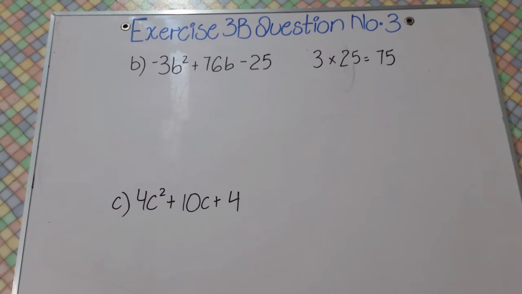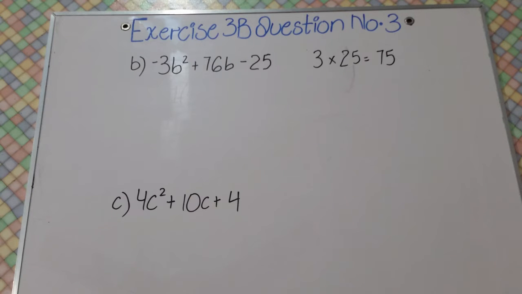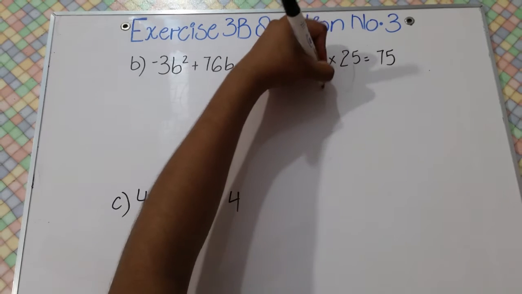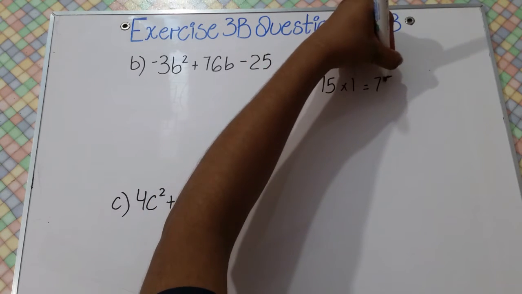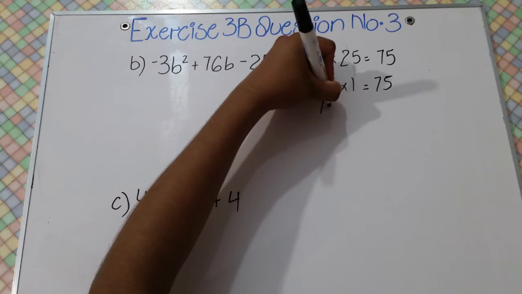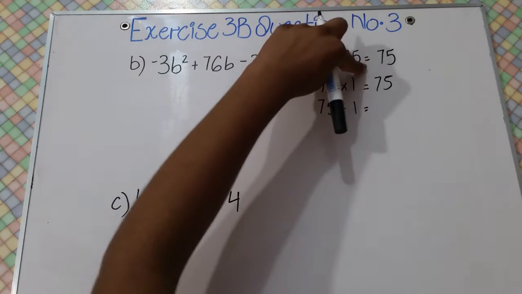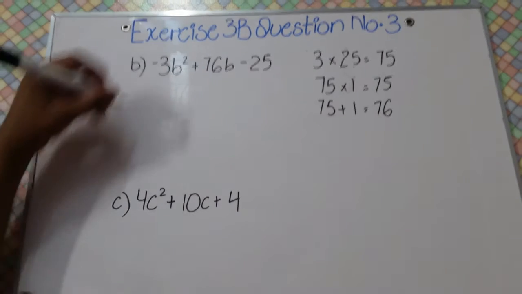So we need to find numbers which by multiplying we get 75, and by subtracting or adding we get 76, which is the middle term. So it's very simple, if I multiply 75 with 1, it is 75, and then if I add 75 with 1, means 75 plus 1, it would be 76, which is the middle term.